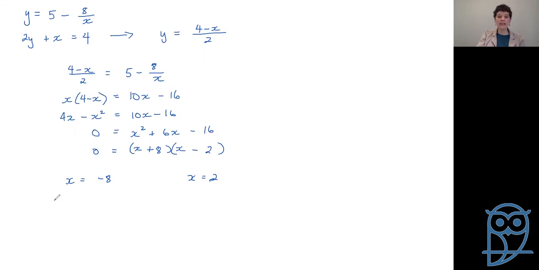When x equals minus 8, we get y equals (4 minus 8) over 2, and therefore y equals 4 plus 8 over 2, y equals 6. And y equals (4 minus 2) over 2, so y equals 1.